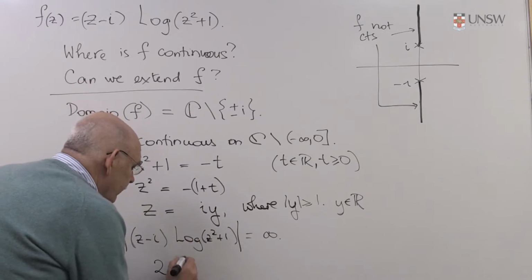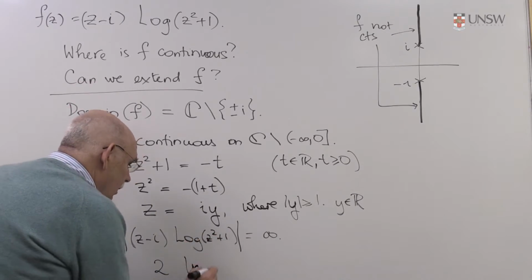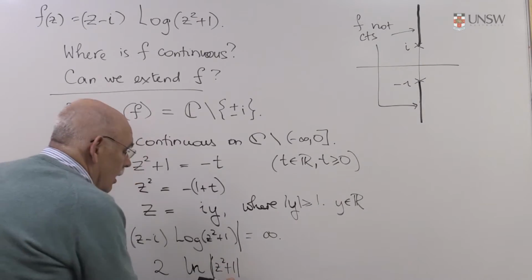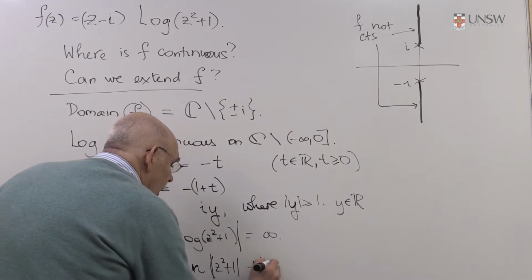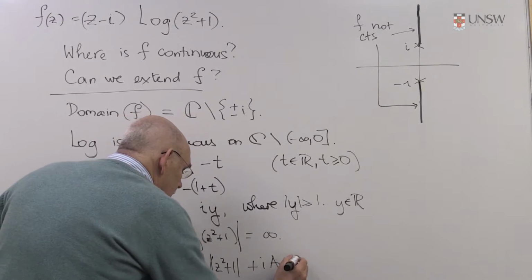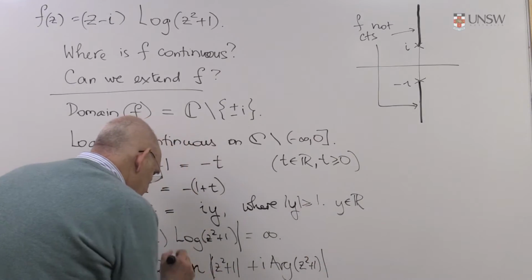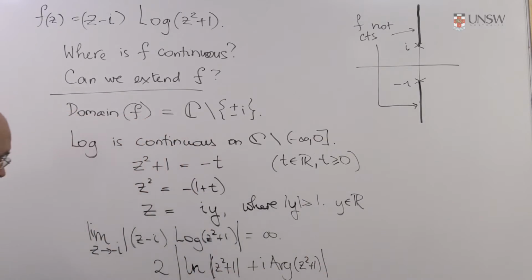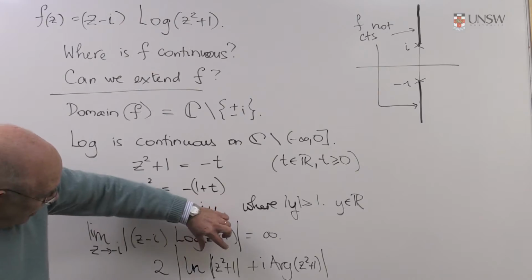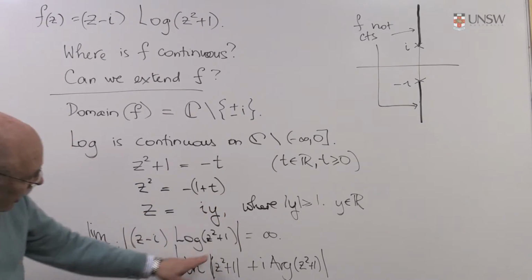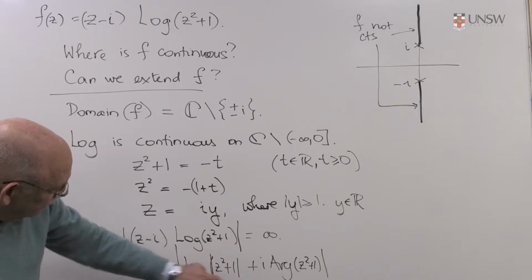When I take the absolute value, I'm going to have ln of the modulus of z² + 1, plus i times the arg of z² + 1. And as z goes to plus or minus i, the first part is going to go to infinity.